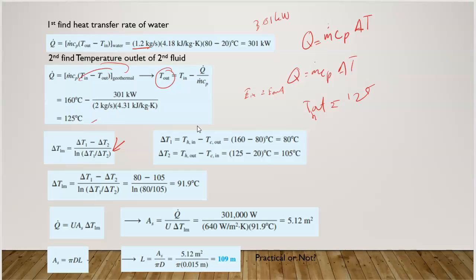So we could easily calculate these by having TC out and TC in, and we got 80 and 105, and we could calculate TLMTD, and then plug this TLMTD into these formulas. U has already been given, 640.